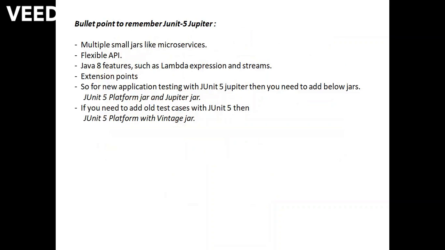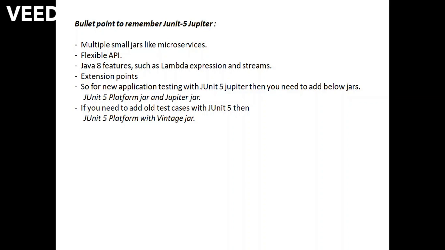So I have noted down some bullet points to remember about JUnit 5 Jupiter. So basically JUnit 5 Jupiter is multiple small jars, like microservices we can say. It's a flexible API. It has Java 8 features like I said before. It has support for Lambda expressions and stream APIs as well. It has supported extension points which are not supported in previous JUnit 4.